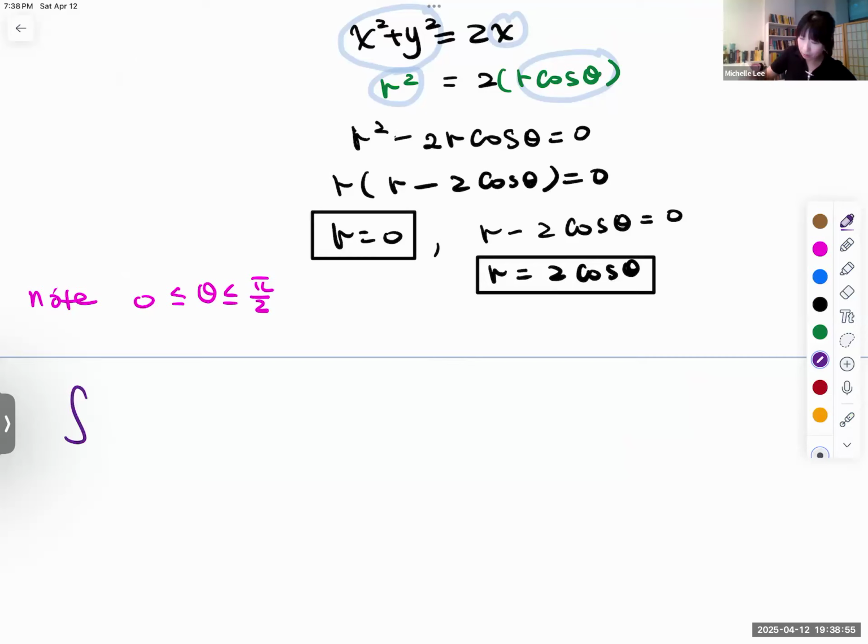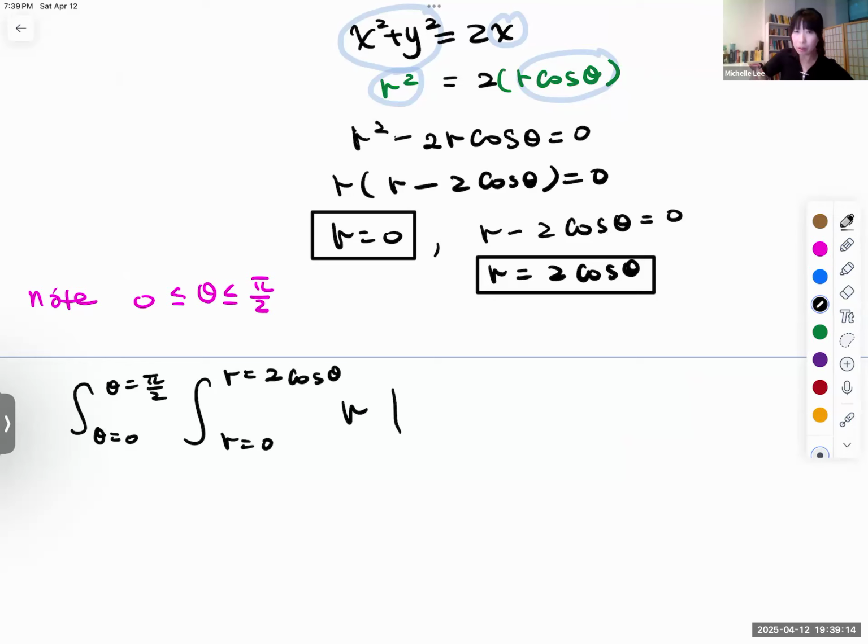So we have theta from 0 to pi over 2 and r equal to 0 to 2 cosine theta. And we have r and the absolute value of the Jacobian of (r, theta) in that case, and then dr d theta, right?